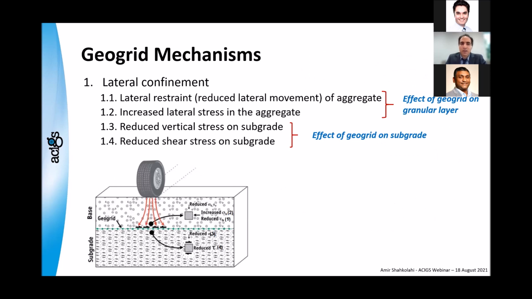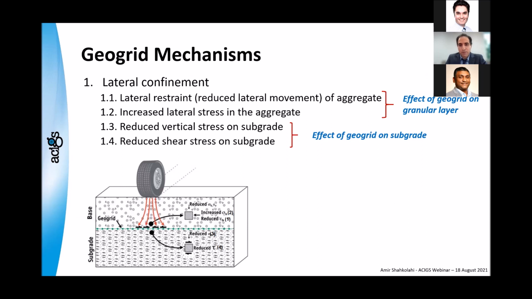Because of lateral confinement, according to Dr. Steve Perkins, we have 4 components for that. First, we reduce the lateral strain of the aggregate, so we reduce the lateral movements of the aggregate because of this lateral confinement effect. Second, we increase the lateral stress in the aggregate, which can end up with a higher combined modulus. These two effects are the effect of geogrid on the granular material.